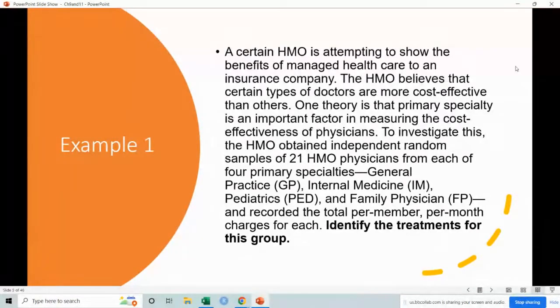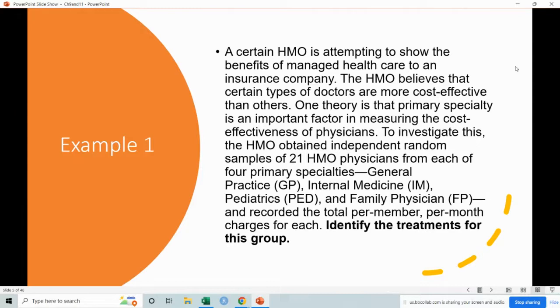To investigate this, the HMO obtained independent random samples of 21 HMO physicians from each of 4 primary specialty groups: general practice, internal medicine, pediatrics, and family physician, and recorded the total per member per month charges for each. So we need to identify the different treatments for this group.